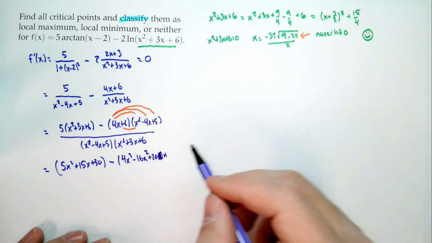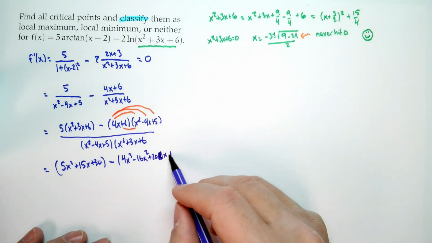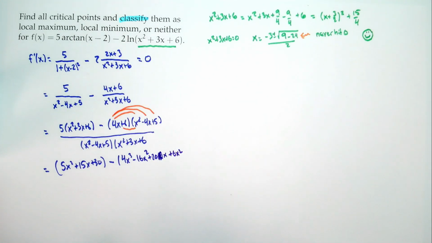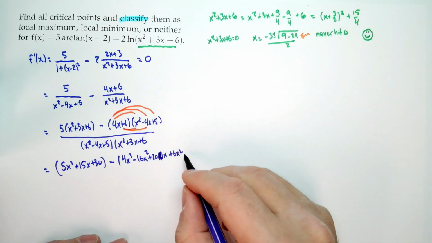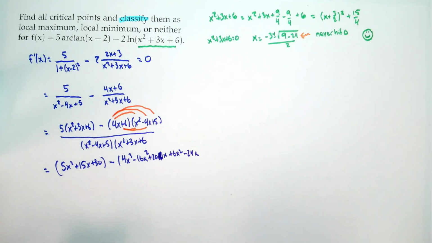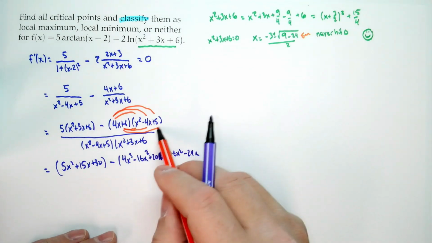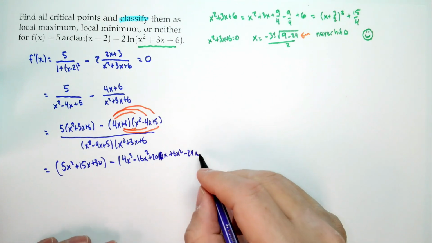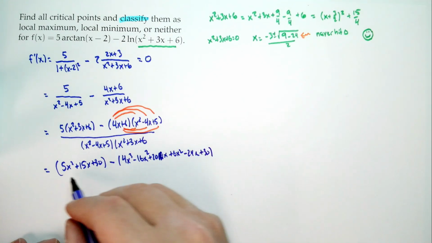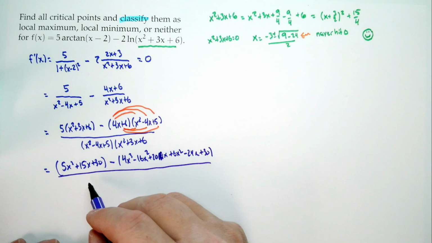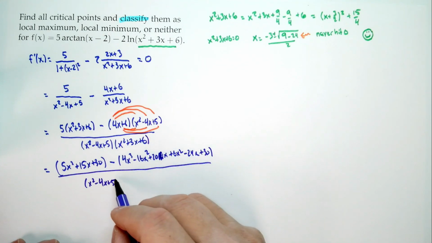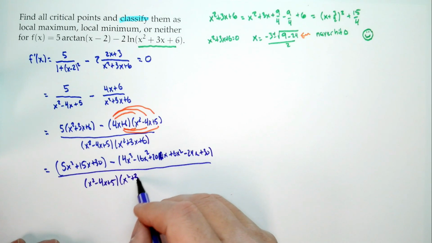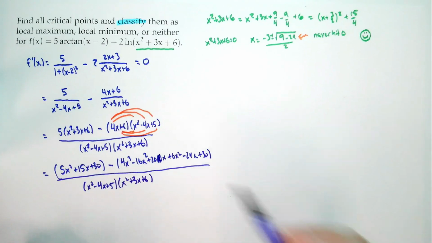Okay, good. All right. And then we have 6x squared. Okay. 6 times minus 4x, that's minus 24x. And then 6 times 5, that's 30. Okay. All over that denominator. x squared minus 4x plus 5 times x squared plus 3x plus 6. All right. Good. I think we're back on track.